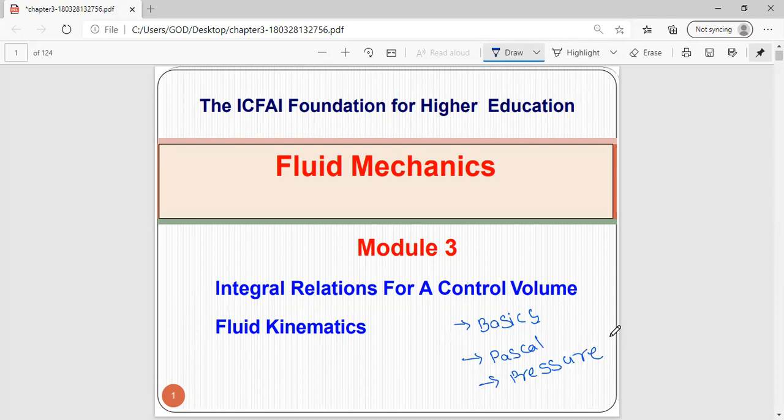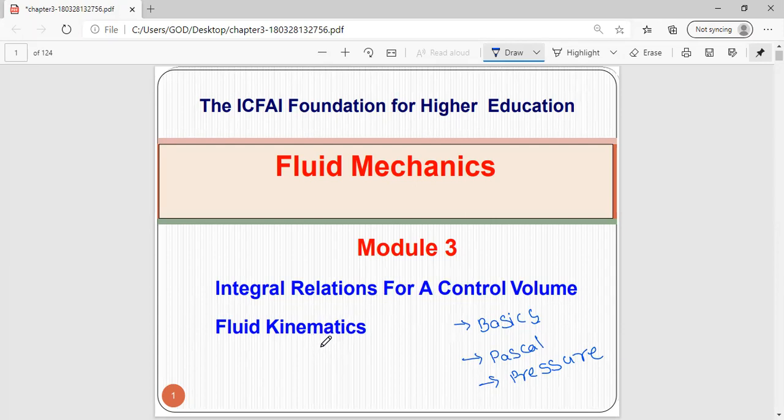In the coming chapters, we'll discuss fluid kinematics, which is a part of your dynamic behavior. Dynamic behavior is generally classified into two categories: one is kinematics and the other is kinetics.